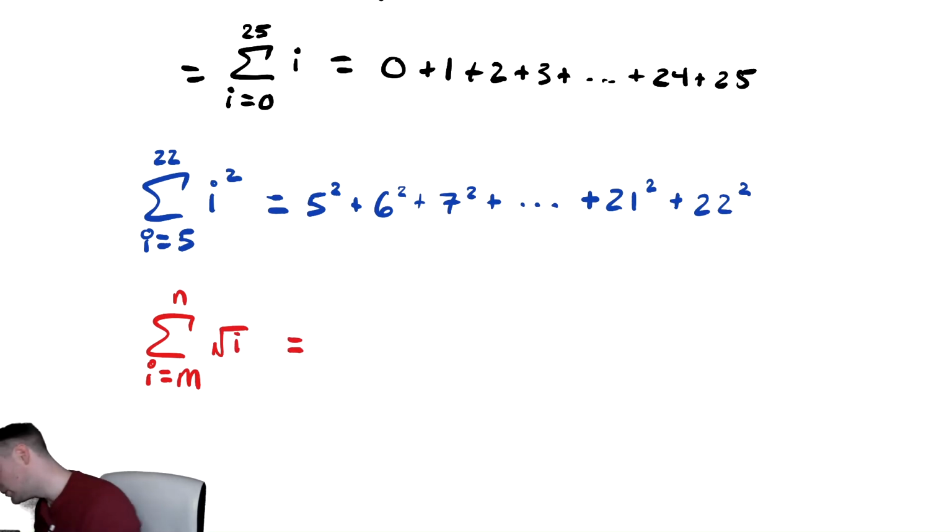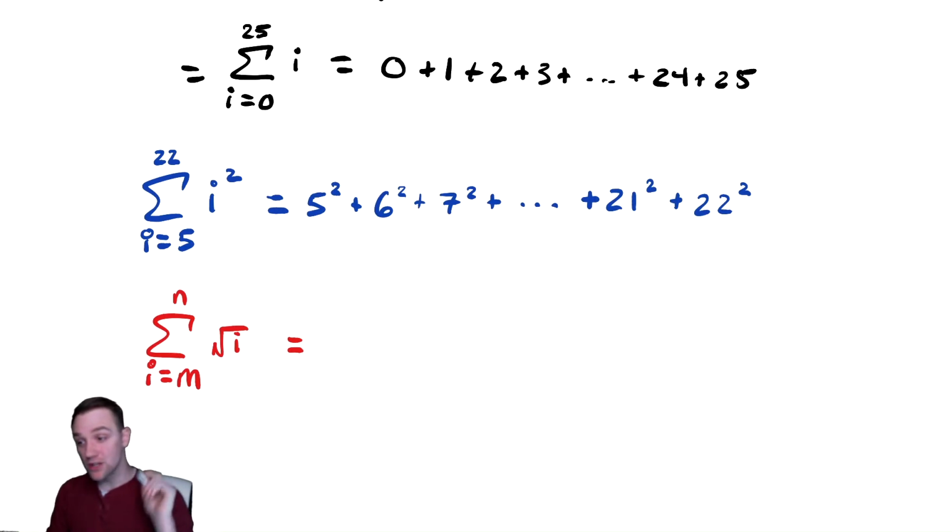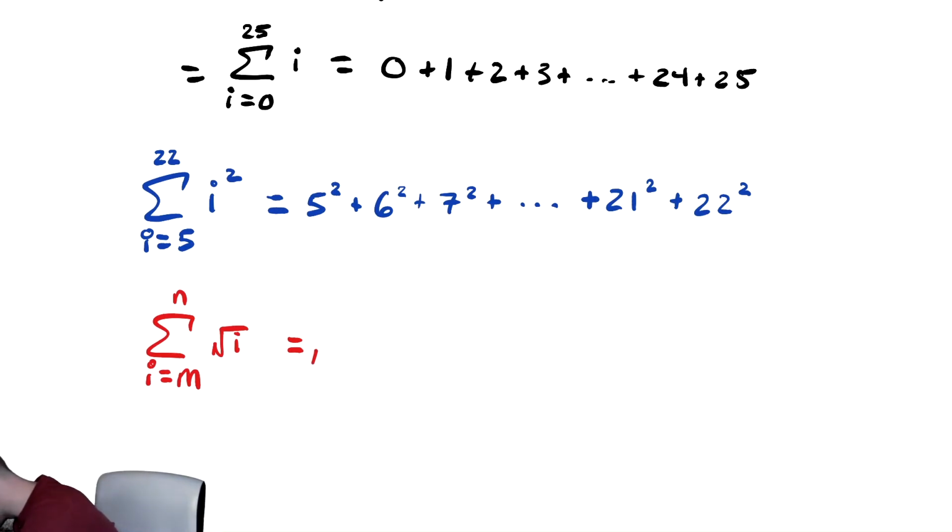This is equal to, we start at the first value, which is m, so it's the square root of m, plus the next value, which is the square root of m plus 1, plus the next value, which is the square root of m plus 2, plus keep adding up until we get to n.